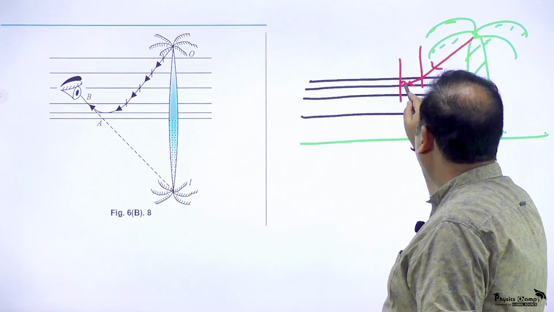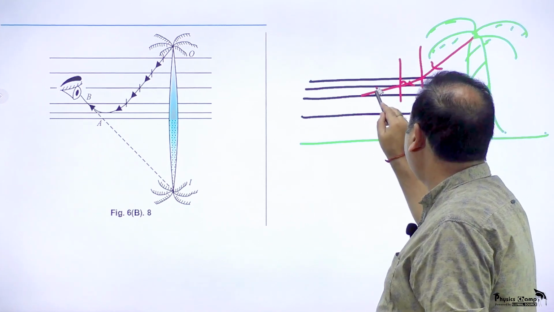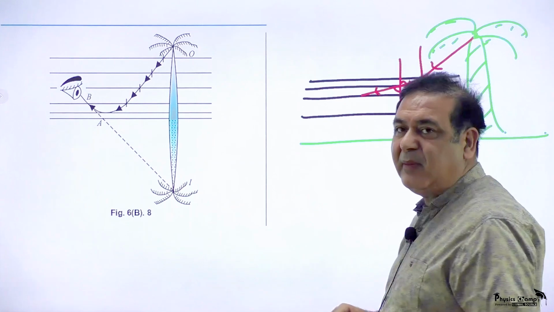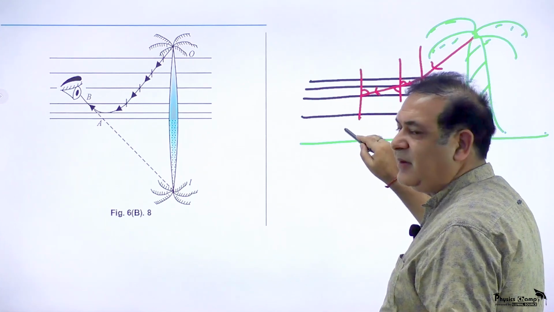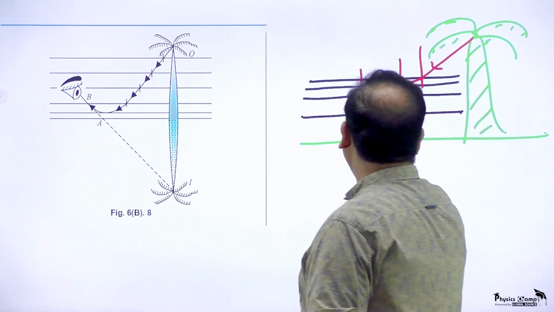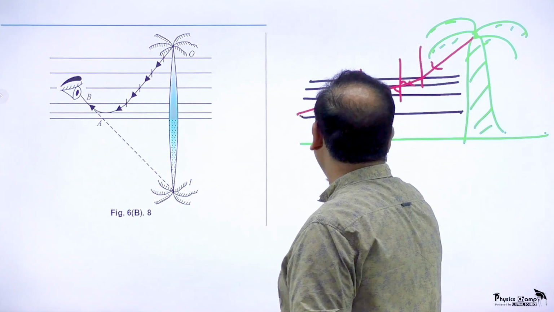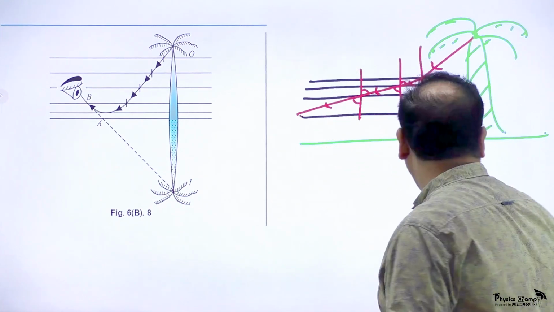Now again, it is going from denser to rarer medium. It will travel a little more. The angle of refraction will be a little more. And again here, when it is traveling from denser to relatively rare medium, it will bend further. So every time the angle of refraction will increase.